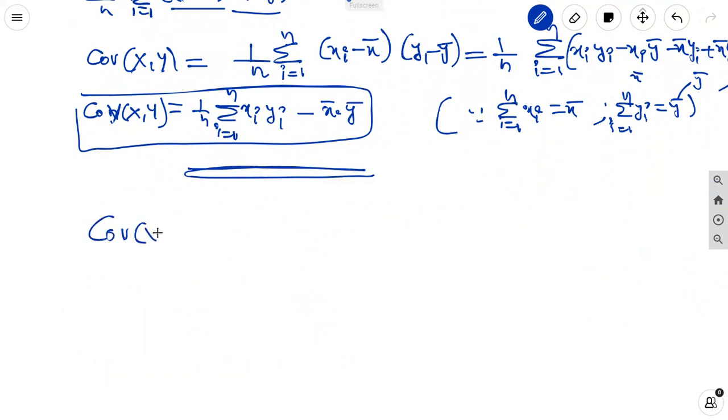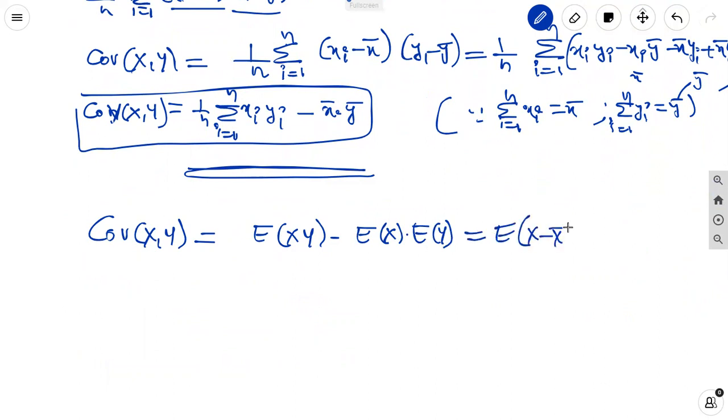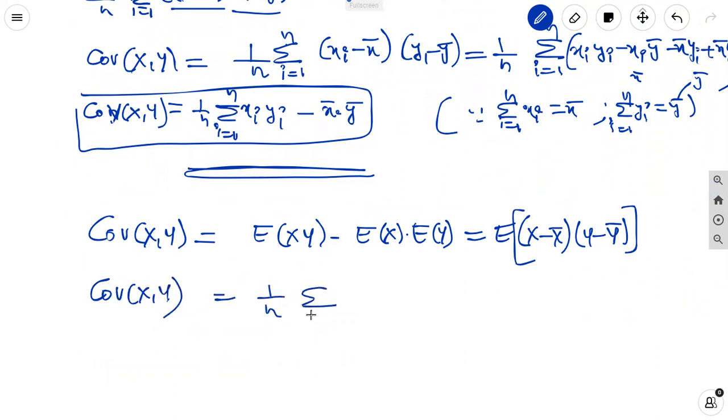One is covariance of x comma y equal to expectation of xy minus expectation of x into expectation of y, or it can be taken as expectation of (x minus x bar) into (y minus y bar). Another is covariance of x comma y equal to 1 by n into summation i equal to 1 to n xi yi minus x bar y bar. We can use any one of the formulas if they are asking for the covariance, and this covariance is related to the correlation.